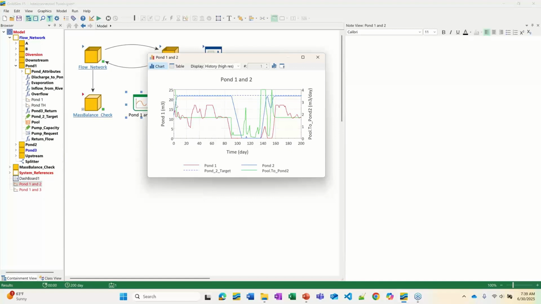So the green line is water we're sending to pond 2, and the blue line is its response. It's filling. It reaches nearly the target, and as it approaches the target, we throttle down the flow to feed it to get to that target. And then you see it starts dropping away from the target, but that's not under our control.